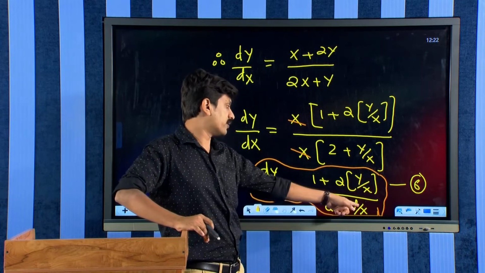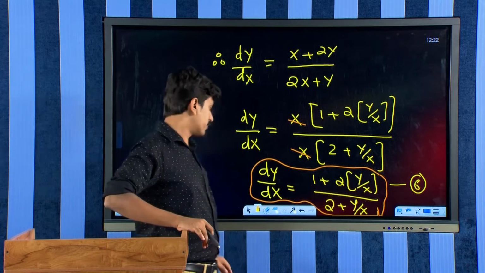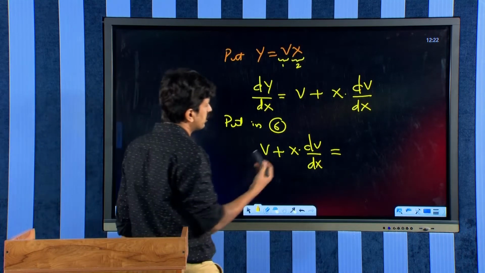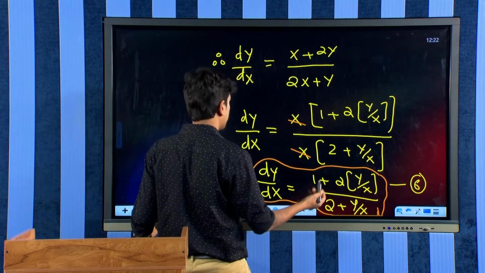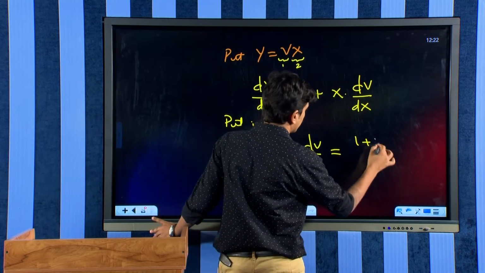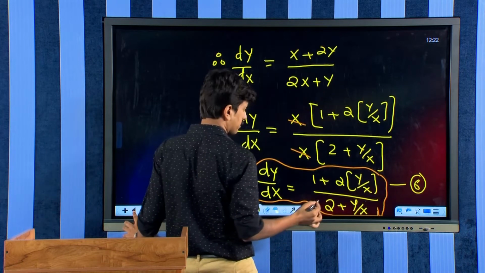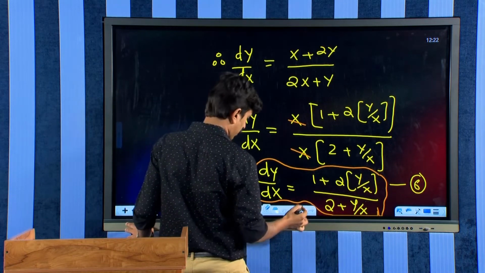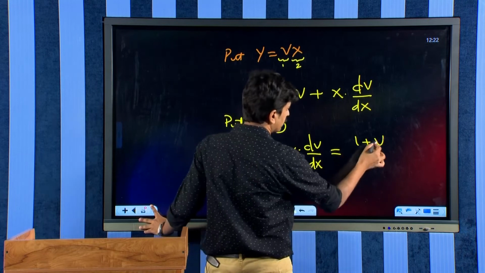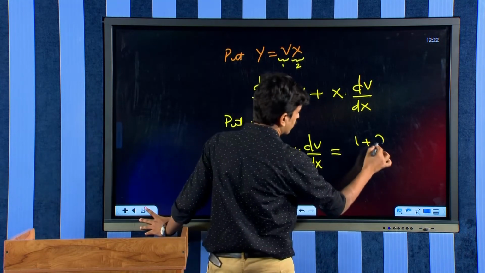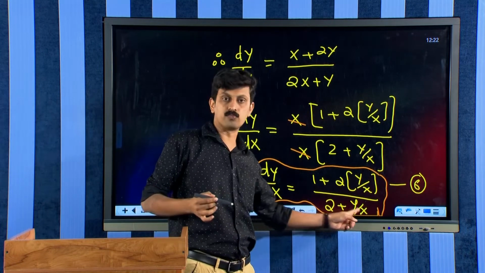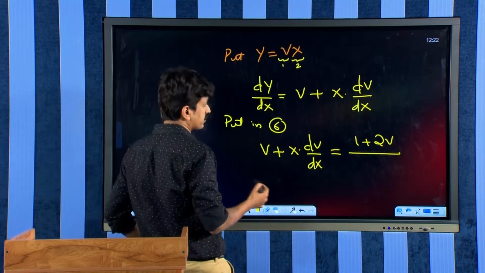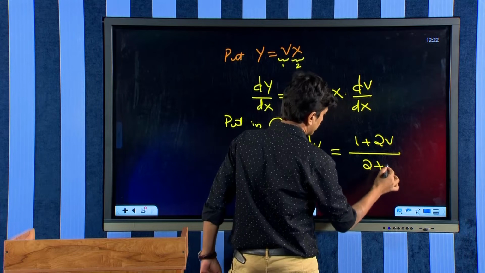So, this is equal to 1 plus 2v divided by 2 plus v. Okay, 1 plus 2v divided by 2 plus v is there.